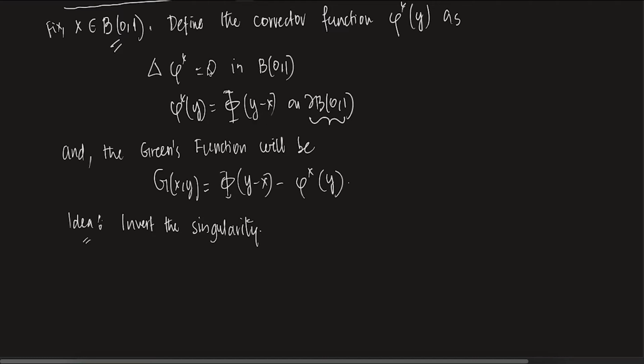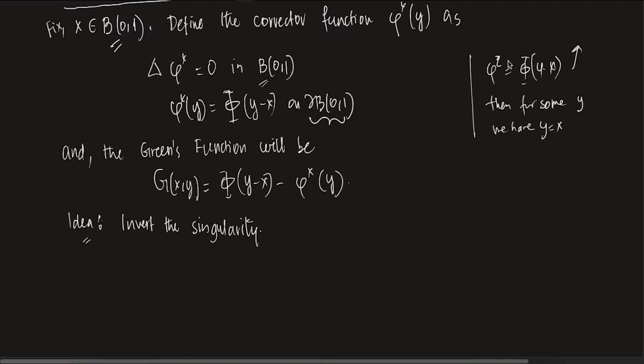But here, if I take phi of x to be the fundamental solution of y minus x, then for some y we have y equals x, of course. X is any fixed point in B(0,1), and there is some y in the ball where these are the same, and when they are the same, this actually blows up, right?